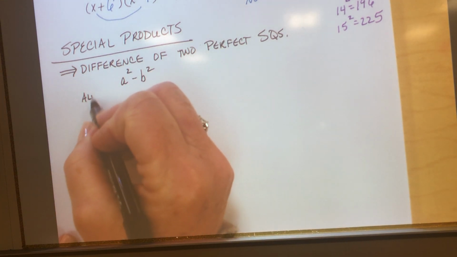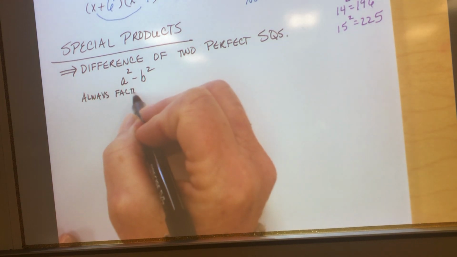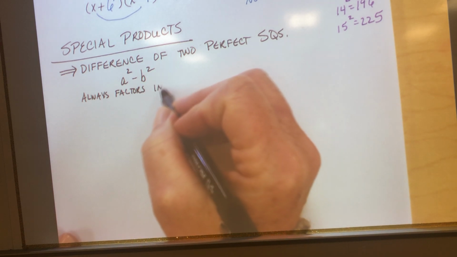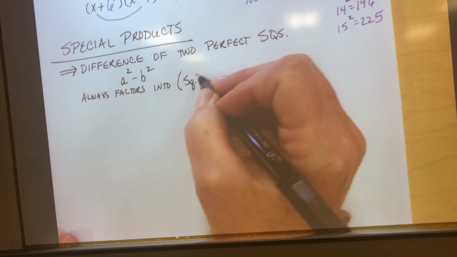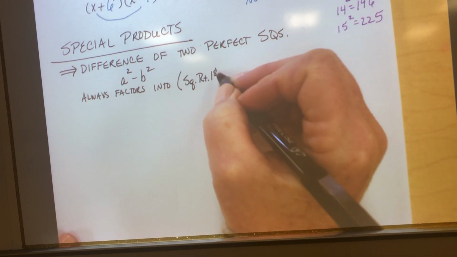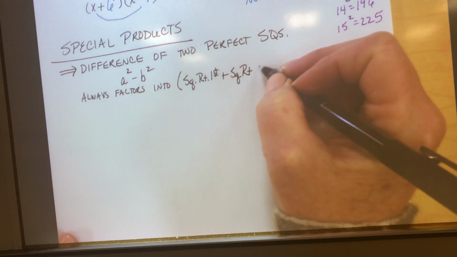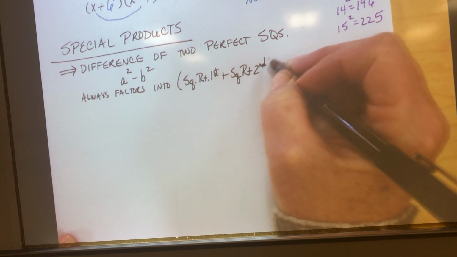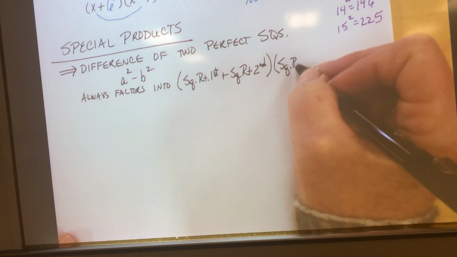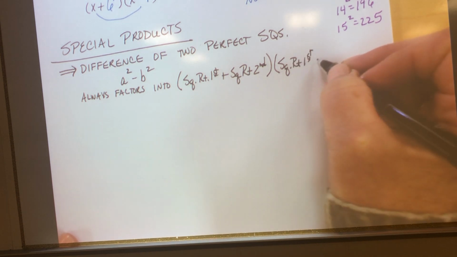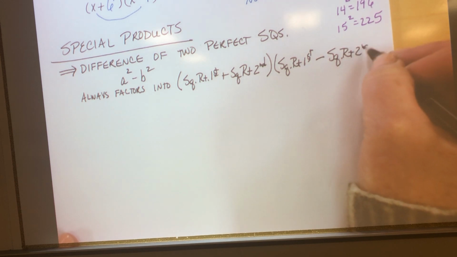It always factors into this: the square root of the first plus the square root of the second, times the square root of the first minus the square root of the second.